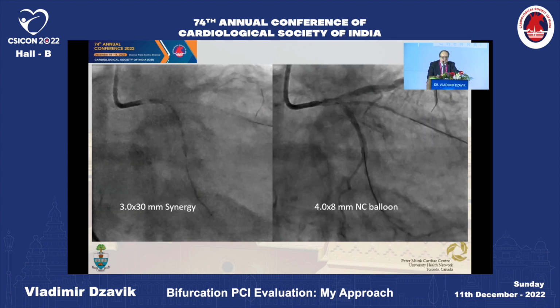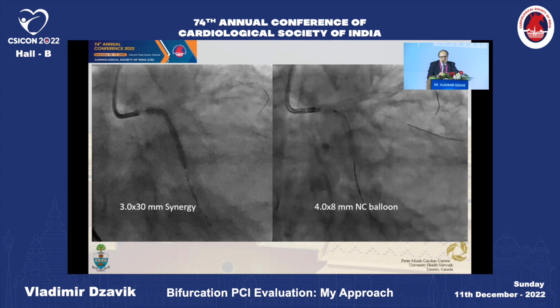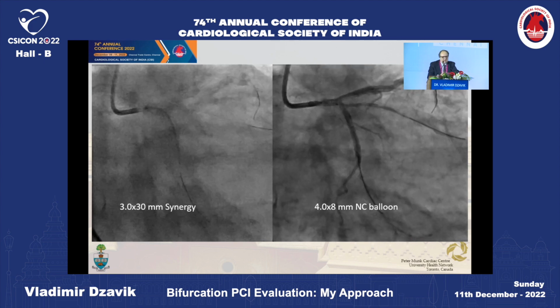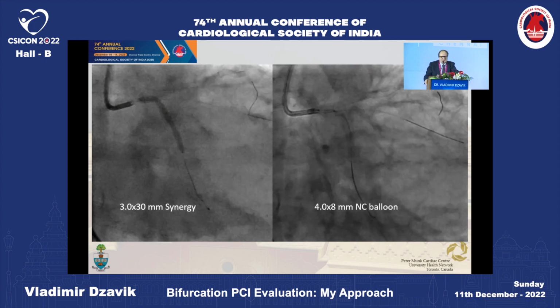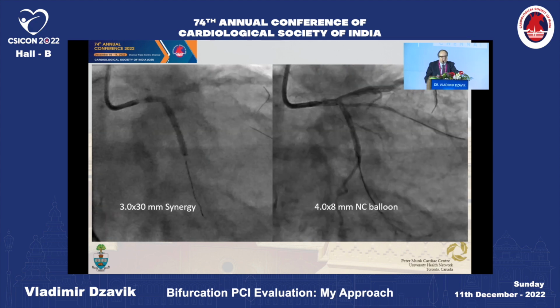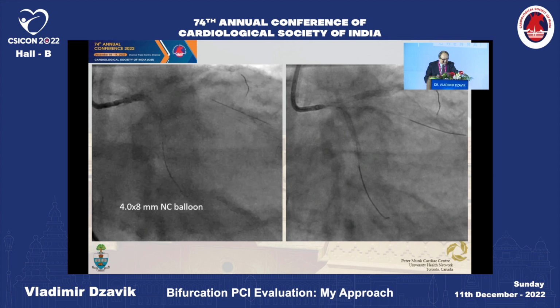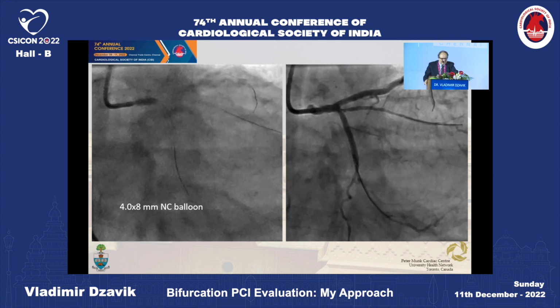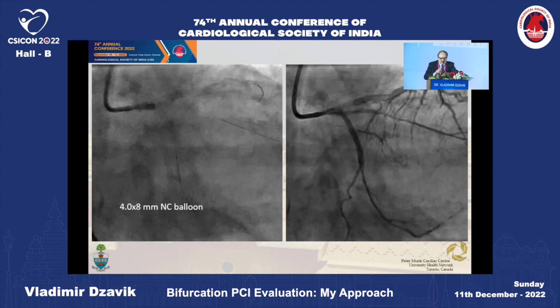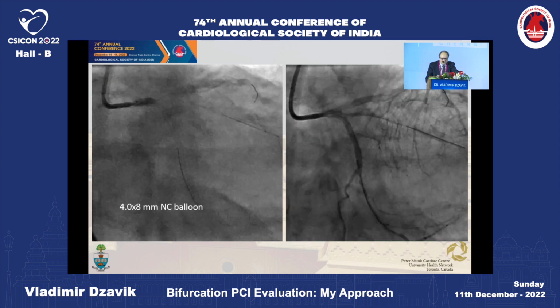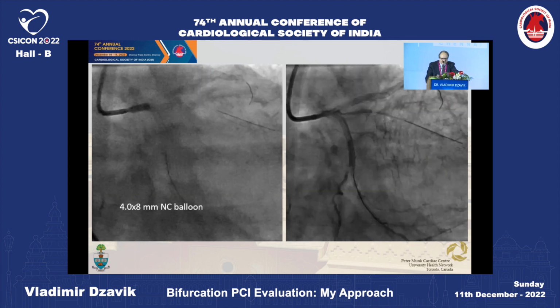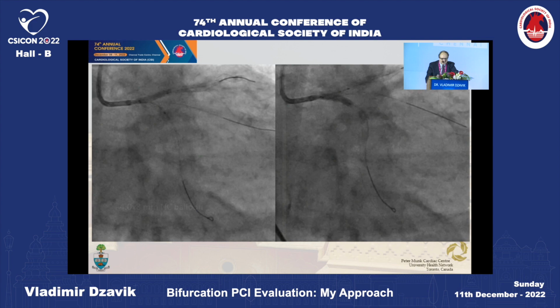Now my stent, if you recall, in the LAD did not go to the bifurcation. So I did not want to do left main bifurcation in this case because I didn't think that was necessary. So we then do a POT with a 4.0 NC balloon based on IVUS assessment. We knew that it was about a 4.0 vessel. As you can see, the side branch remained patent very nicely.